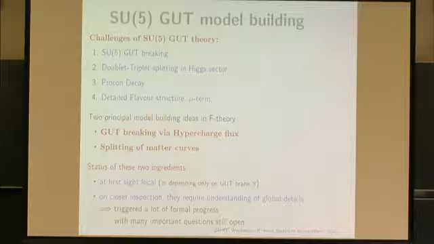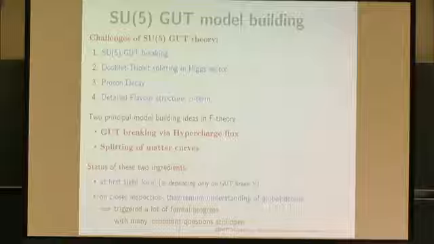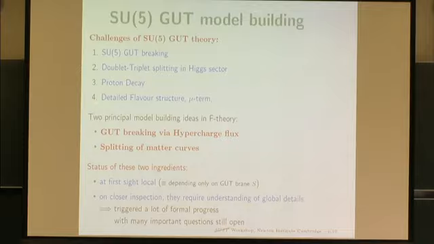Now we need, of course, to look more into the detail and address challenges of, say, SU(5) GUT theories, which are hard to address from a field theory perspective. These include SU(5) GUT model building, SU(5) GUT breaking, doublet-triplet splitting, proton decay, and then, of course, getting a detailed flavor structure, mu terms, hierarchies, all of this.